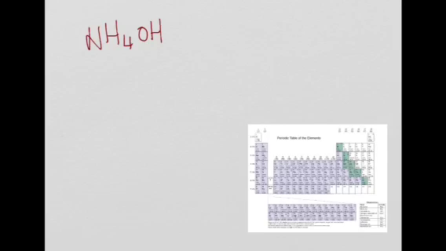Once you are used to seeing it, you'll see NH4 as a polyatomic ion. Again, from the last example, it behaves like a metal, so it's written first. And then OH is another polyatomic ion. So we have a special case where we have two polyatomic ions bonded together.